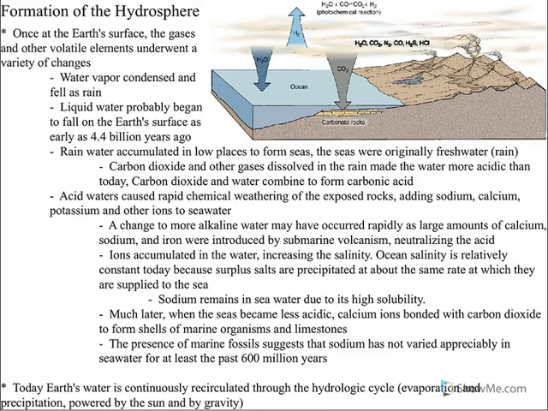Now, I don't want you to think that it happened really fast, right? You didn't go to bed one night and wake up the next morning and poof, you've got oceanfront property. This probably took over 2 billion years for the oceans to get anywhere close to where they are today. However, if the oceans started out as rainwater, that means they were fresh water.